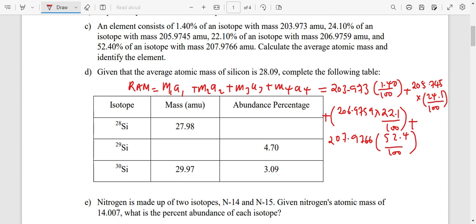And then plus the next one we have is 206.9759 multiplied by 22.1 over 100 also. And then now the last one, which is 207.9766 multiplied by 52.4 divided by 100.